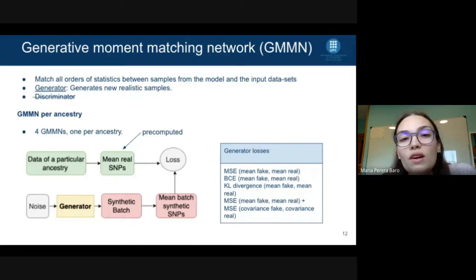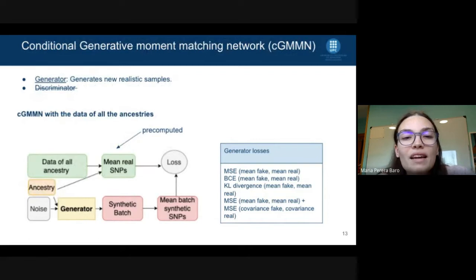I tried 3 different losses between the means: the mean square error, the binary cross entropy, and Chi-squared divergence. And I also tried adding the covariance. So I computed the covariance of the real and fake samples, and then the mean square error between them. And an important thing to mention is that the mean of the real samples is pre-computed for each ancestry to save computing time.